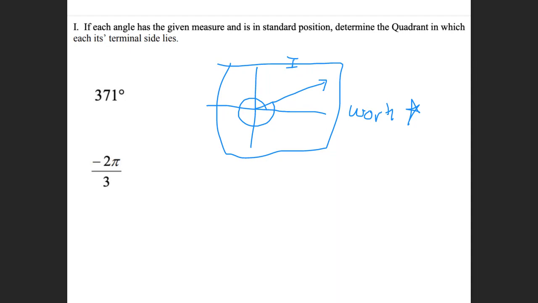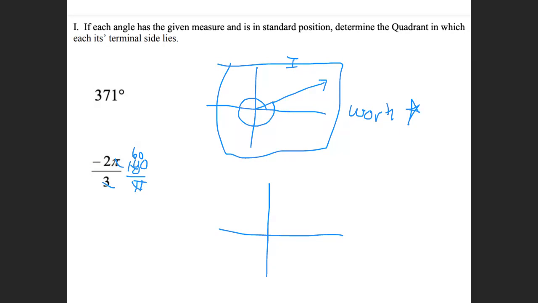Okay. How about negative 2 pi over 3? It's a little bit more tricky. I wasn't going to do it, but I will anyways. All right, so first thing I do is I'm going to change this to the degree measure. What is negative 2 pi over 3 as a degree measure? Multiply by 180 over pi. So that gives me 60.